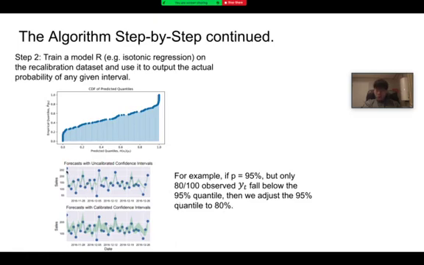So as you can see here, this is a 95% quantile, but we adjust it to a 80% quantile, so that the observed data falls in the credible interval.